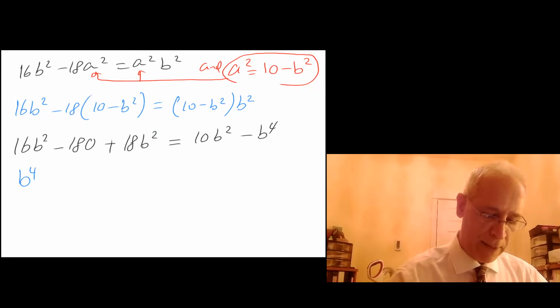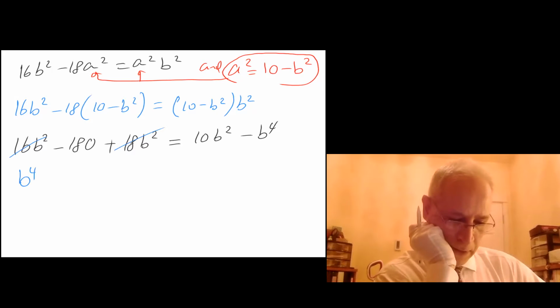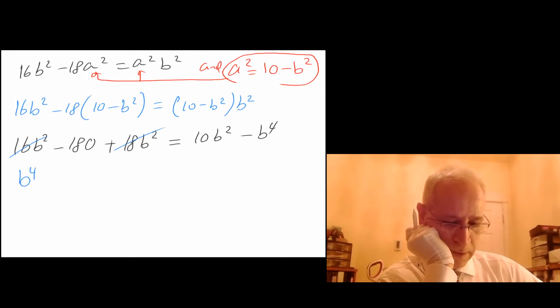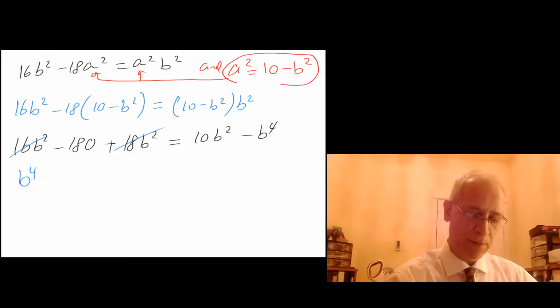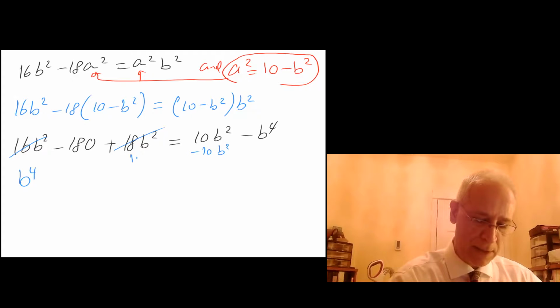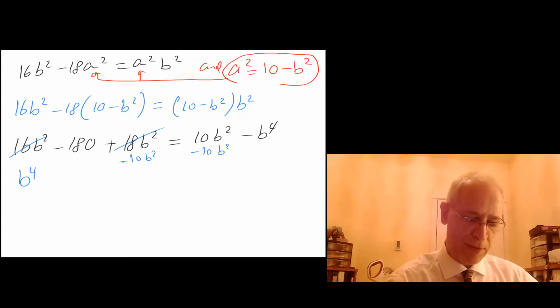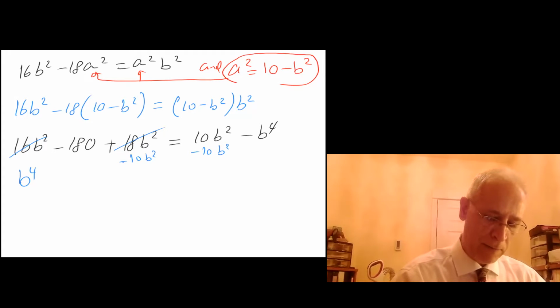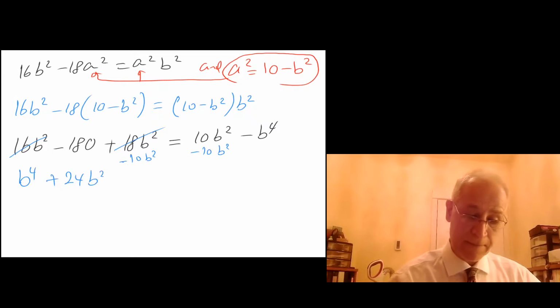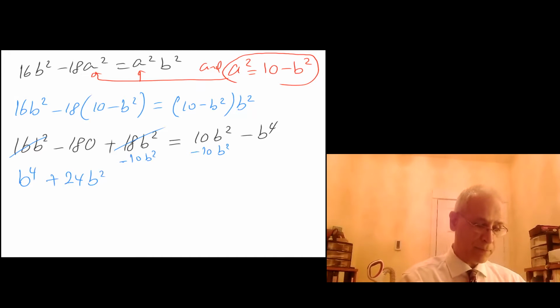Combining 16 and 18 gives 34, and I'll have to subtract 10b squared from both sides, so that gives me plus 24b squared, and I have 180 in here, minus 180 equals 0.